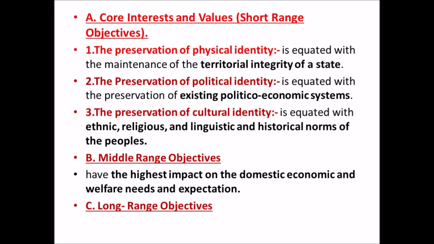The third foreign policy objective is the long range objective, or this is sometimes called the universal objective. So the long range objectives are those plans, dreams, and visions concerning the ultimate political or ideological organization of the international system and the rules governing the relations in that system.